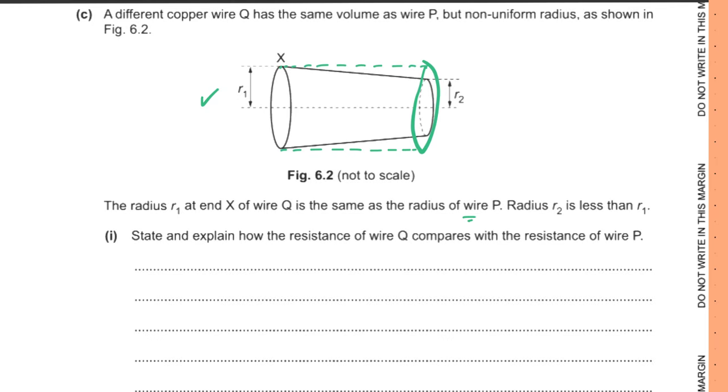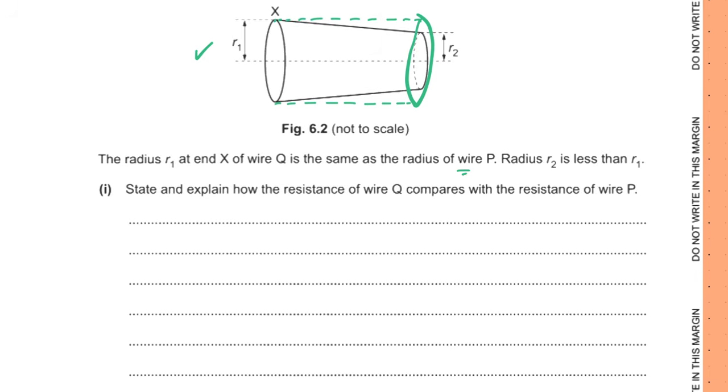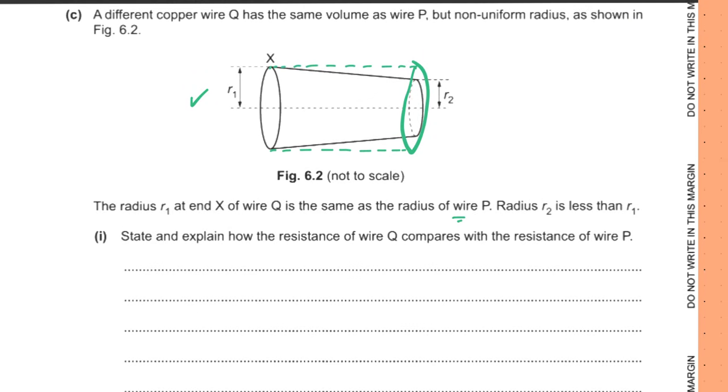State and explain how the resistance of Q compares with the resistance of P. Obviously I can't just look at the radius for this. For Q, I must talk about the average radius.